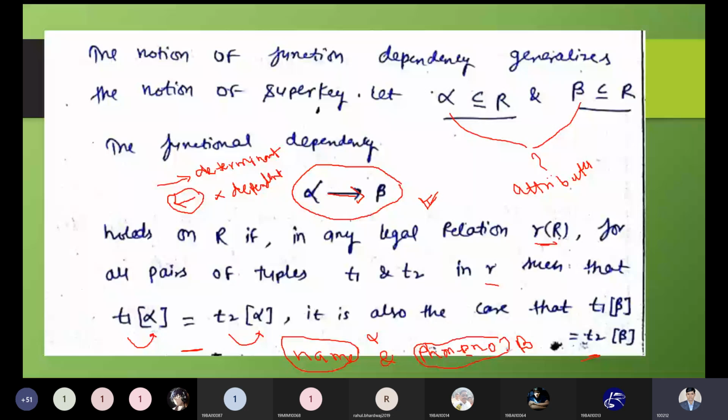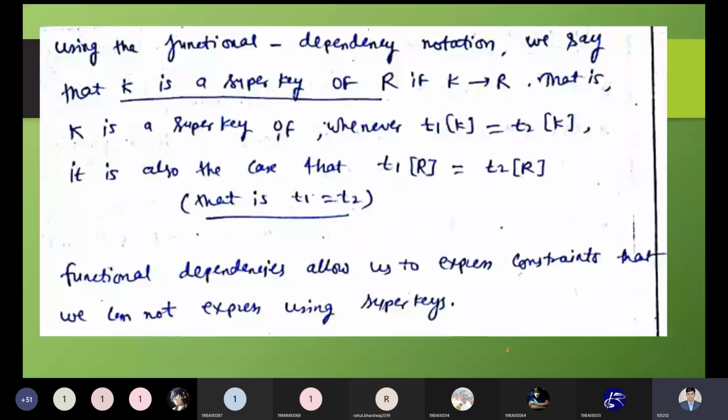Using the functional dependency notion, we say that K is a super key of the relation R if K determines R, that is, K is a super key if whenever t1[K] is equal to t2[K].